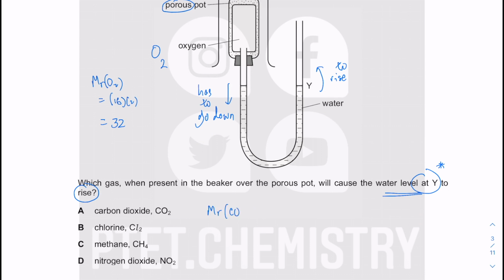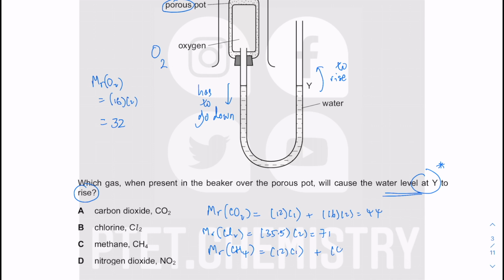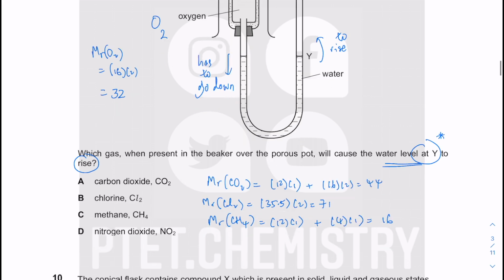I've shown you how to work out the molecular mass of CO2 for some time already. Going back to your periodic table, 12 times 1 plus 16 times 2. The more you do them, the more used to them you get. The same concept can come up again and again, and you need to start building your chemistry vocabulary, meaning the formula of each compound as well as recognizing the name.